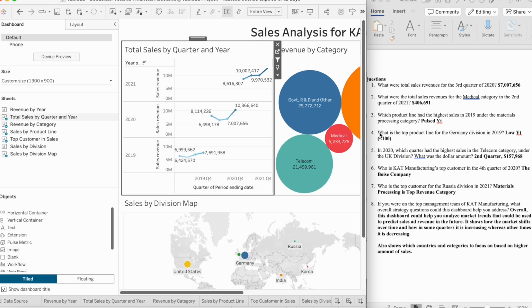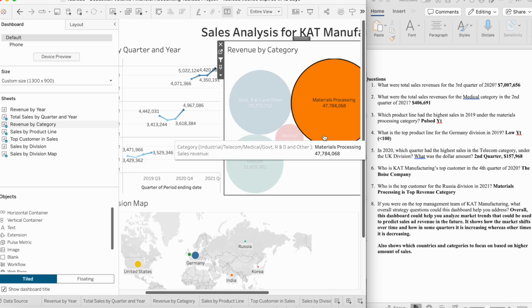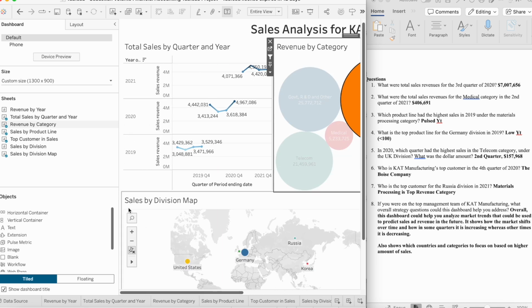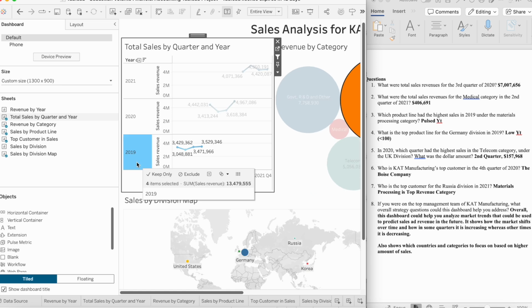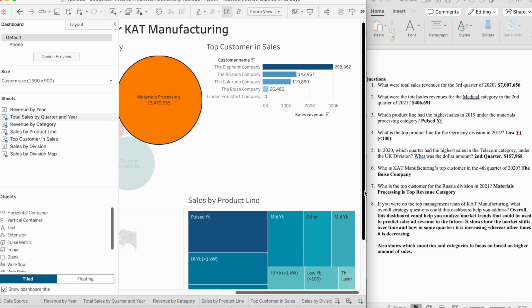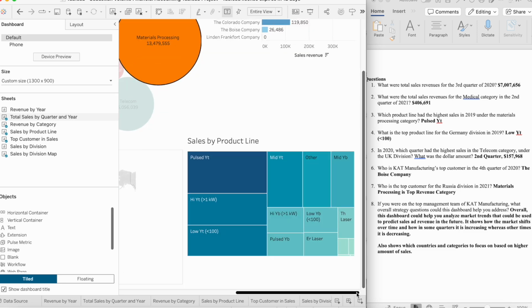And then, which product line had the highest sales in 2019 under the materials processing category? So we would click on materials processing, and we would click on 2019. And then we would scroll down to product line, which shows that the highest sales was for the pulsed YT product line.